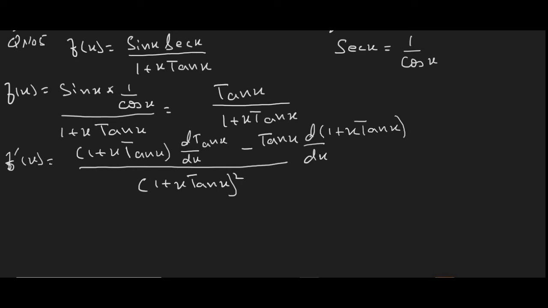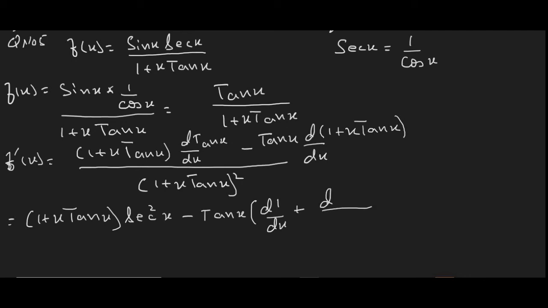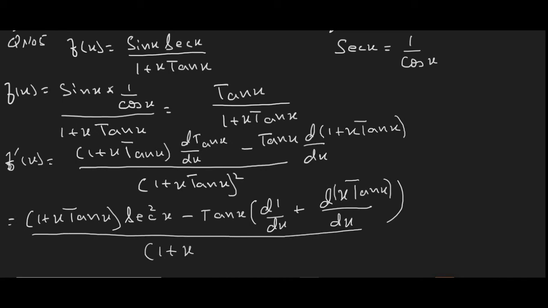Now 1 plus x tangent x, derivative of tangent x is secant square x minus tangent x as it is, and applying the sum rule, d by dx 1 plus d by dx x tangent x, whole divided by 1 plus x tangent x whole square.